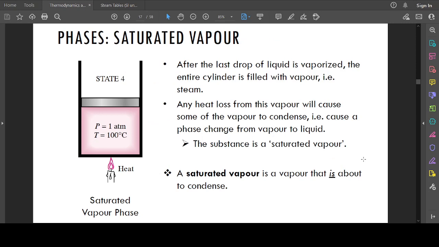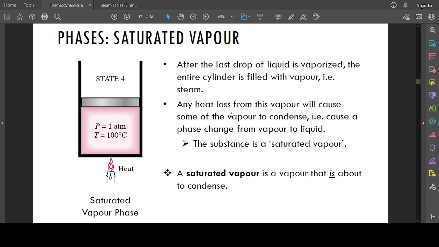After the last drop of the liquid is vaporized, the entire cylinder is filled with vapor, and there is no single liquid left within the system. This is the next step after the saturated liquid and vapor mixture state.